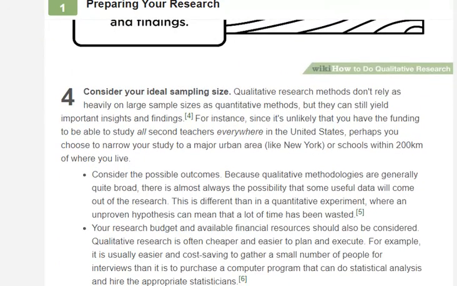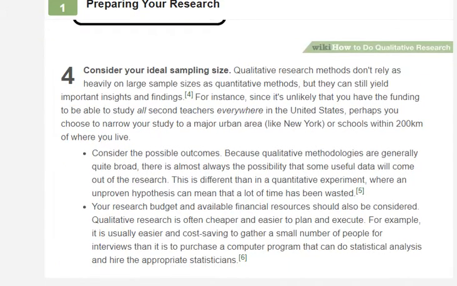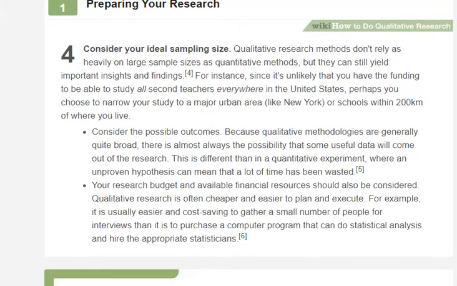Consider your ideal sampling size. Qualitative research methods don't rely as heavily on large sample sizes as quantitative methods, but they can still yield important insight and findings. For instance, since it's unlikely that you have the funding to study all secondary teachers everywhere in the United States, perhaps you choose to narrow your study to a major urban area like New York, or schools within 200 kilometers of where you live.